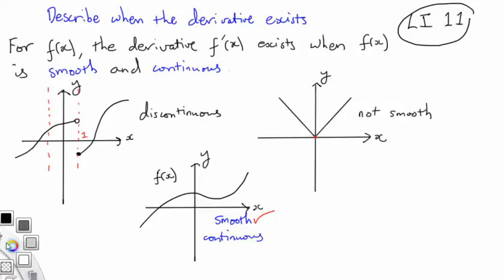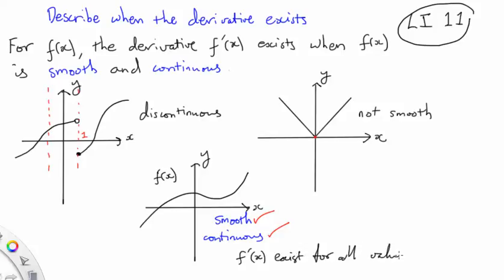Beautiful. Because it passes the smooth and continuous test, we can say that f dash of x exists for all values of x. That's really nice. But hang on, all values of x.